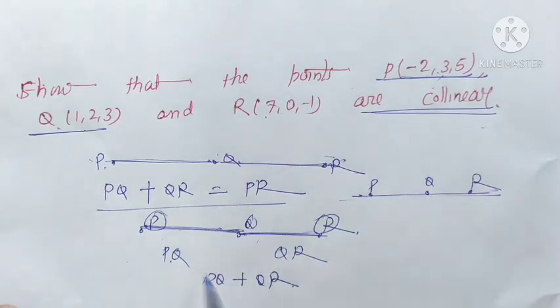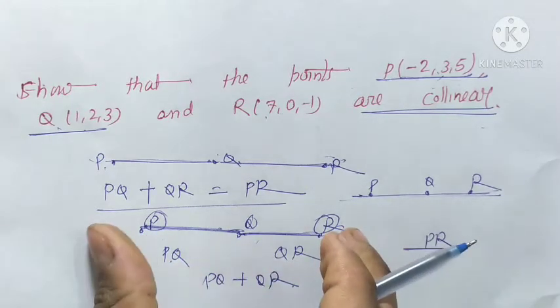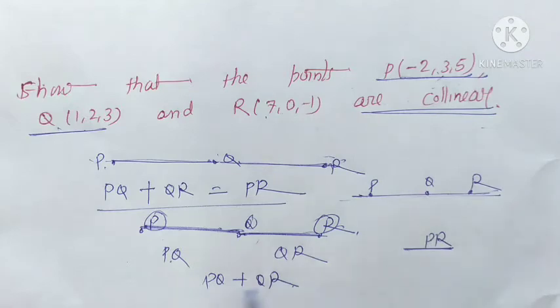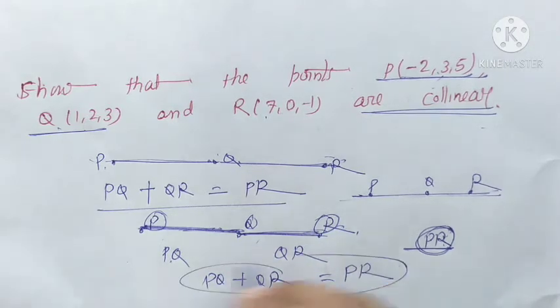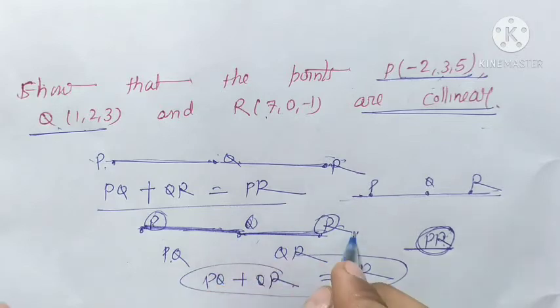And now we find the length PR. If this length PR is equal to the length of PQ plus QR, then it shows that these 3 points P, Q, R lie on the same straight line. I mean these 3 points are collinear.